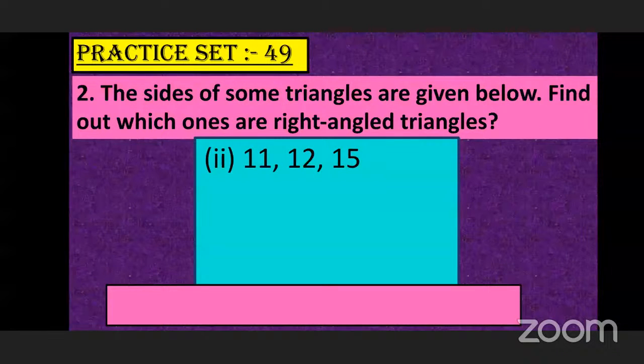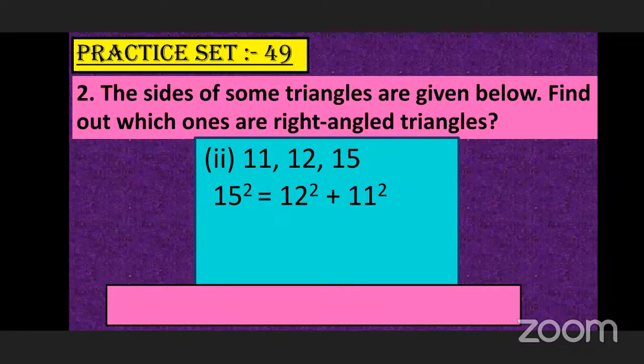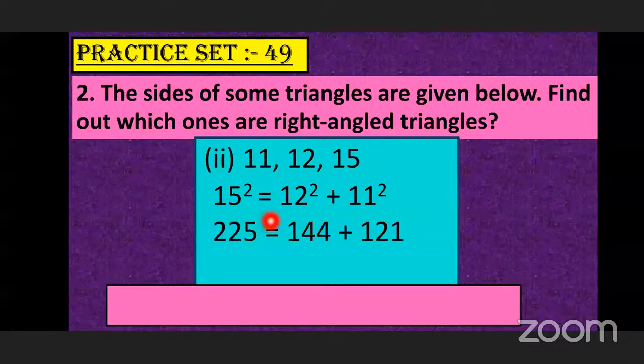The other sides are here: 11, 12 and 15. So which is the hypotenuse? 15. 12 is not, because 12 is a bigger number, but it is not the biggest number. So 15 square equals 12 square plus 11 square. It will be 225 equals 144 plus 121.